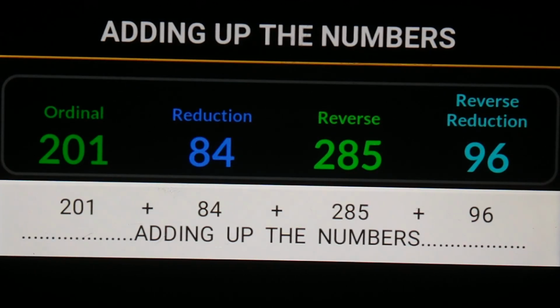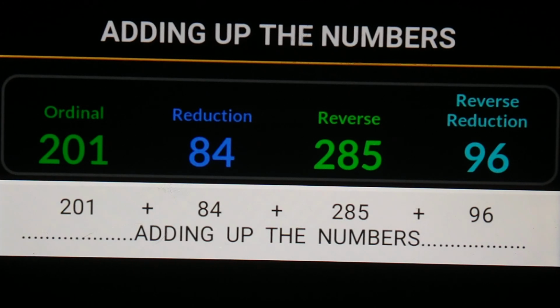Adding up the numbers. Look at this example. Some people will find this one extra interesting. In this example, we have one letter I and one letter R. Adding up the numbers. In ordinal, that equals 201.